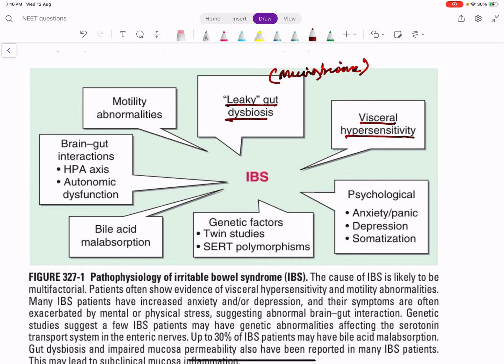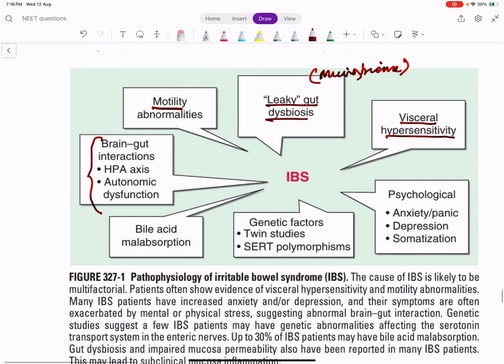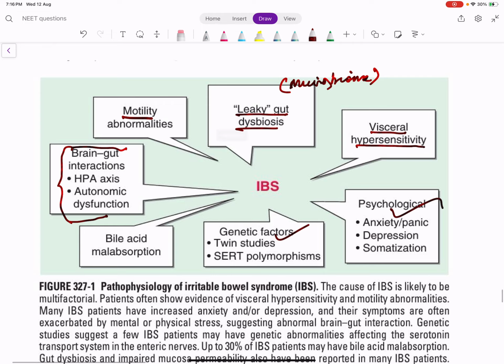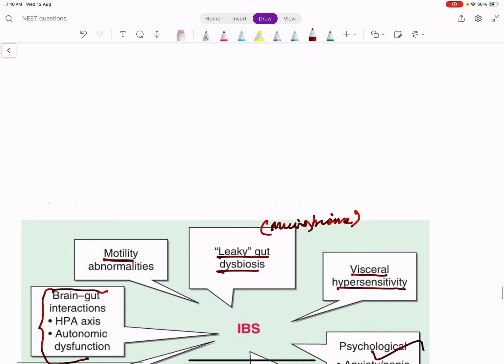Again, it is not a disease. Compared to other people, they are more sensitive. That is why taking some foods can trigger diarrhea in some. And motility abnormalities and gut-brain interaction. Endocrine dysfunctions or neurogenic dysfunctions, all these can be related. Some genetic predisposition is there, some psychological disposition is there. So IBS is a functional GI disorder.